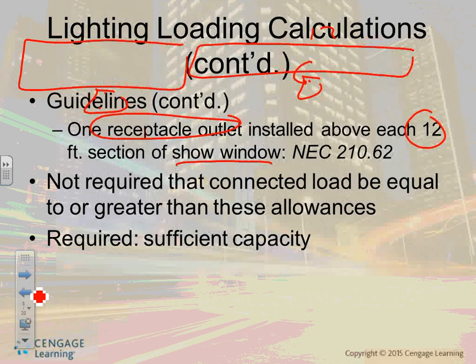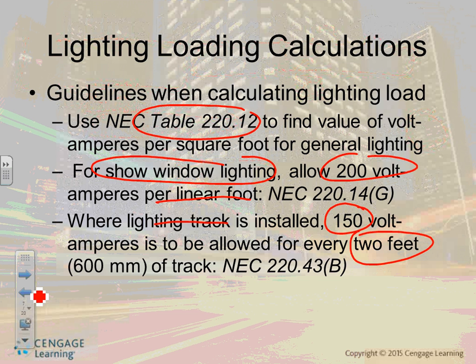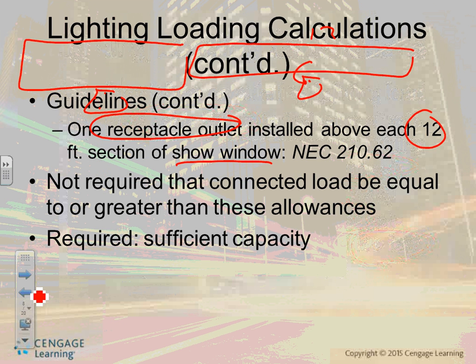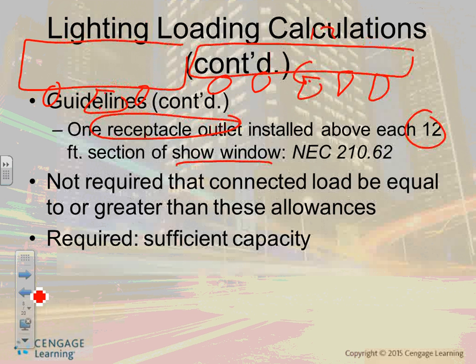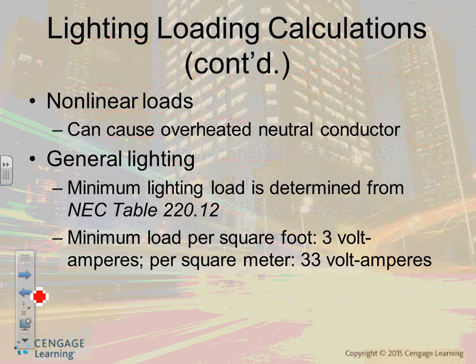But the load goes by what? The load goes by 200 volt-amperes per square foot. These are just receptacles. And they have to be sufficient enough to connect as many track lights as you put on these show windows, whatever lights you put on them. They have to be sufficient enough to power these lights. That's a requirement.